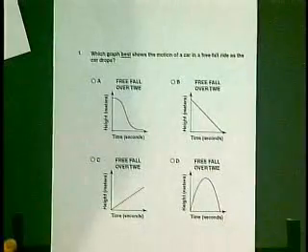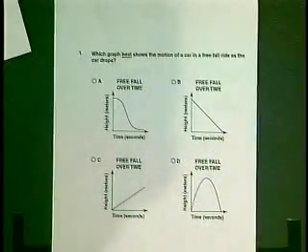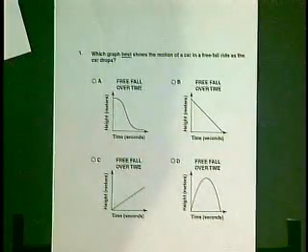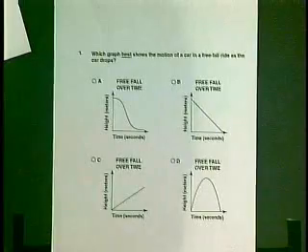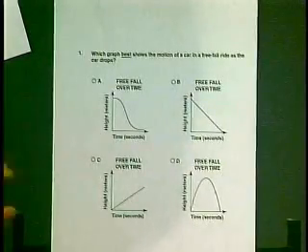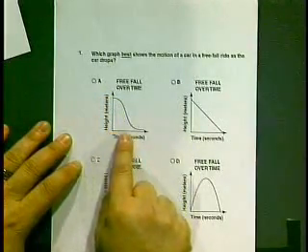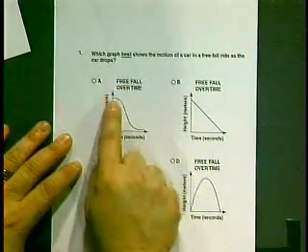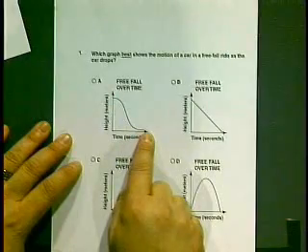Here's question number 1. It's written, which graph best shows the motion of a car in a free fall ride as a car drops? Now, it's very important whenever you look at a problem like this that you look at these, which are called the axes. You have a vertical axis and a horizontal axis.